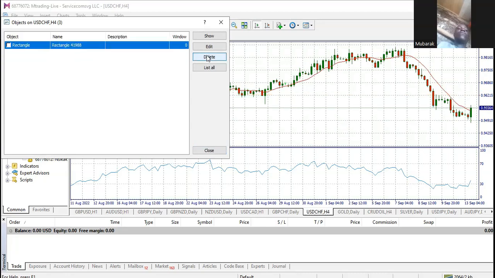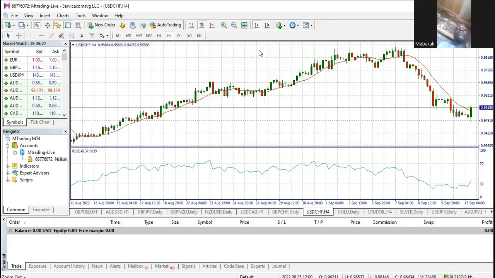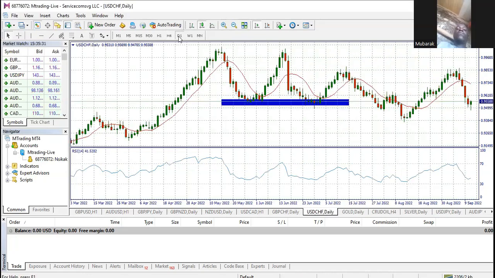Here's the CHF, it could buy till it comes in contact with the 10-day simple moving average of the daily time frame. It could buy till somewhere here.